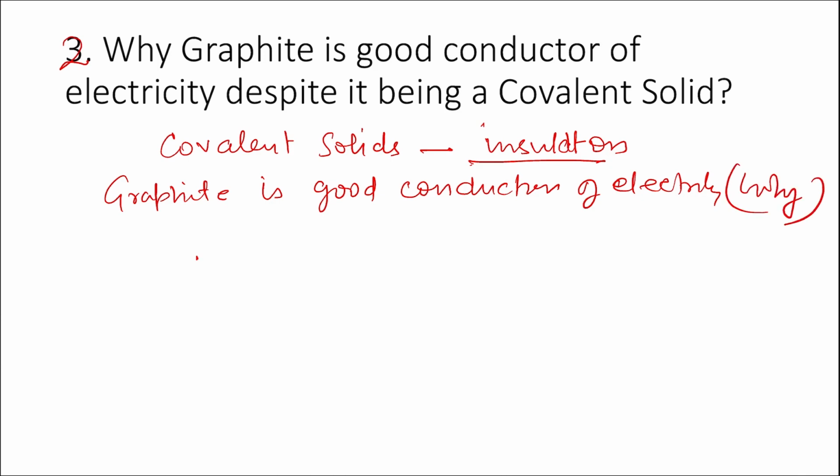Because see, in graphite, carbon has 4 valence electrons, and 3 valence electrons are used as these 3 carbon atoms are attached to this central carbon atom in the same layer.